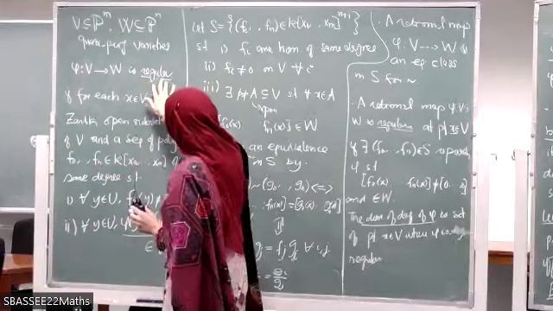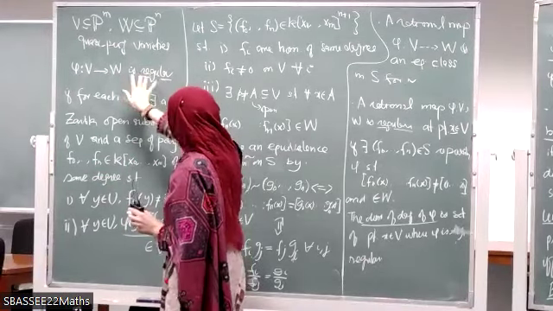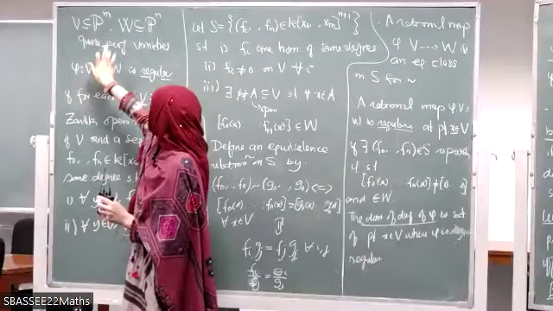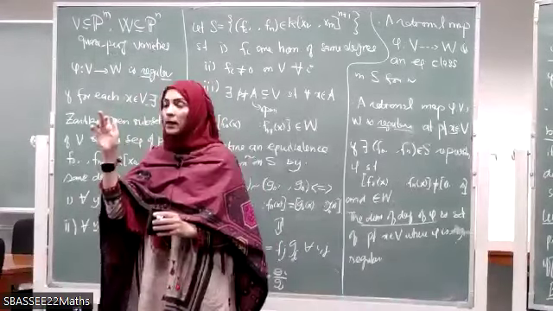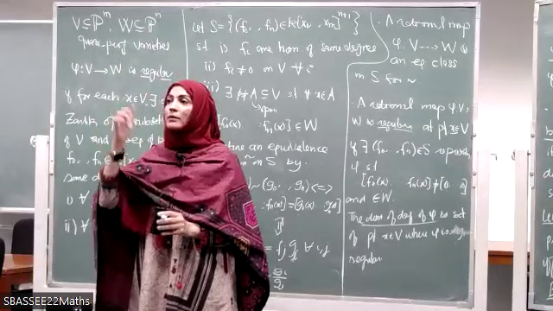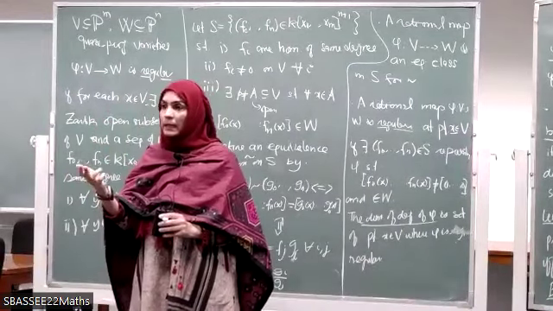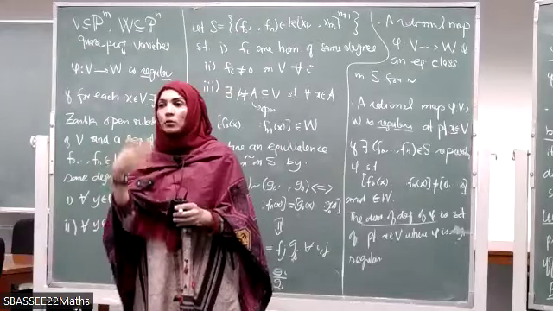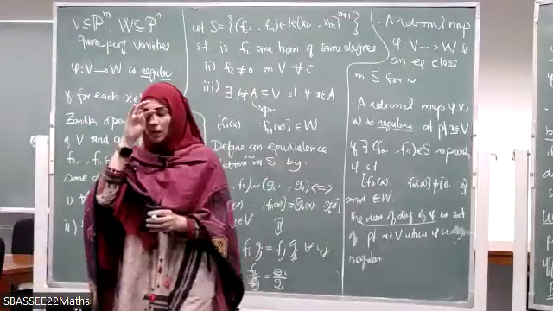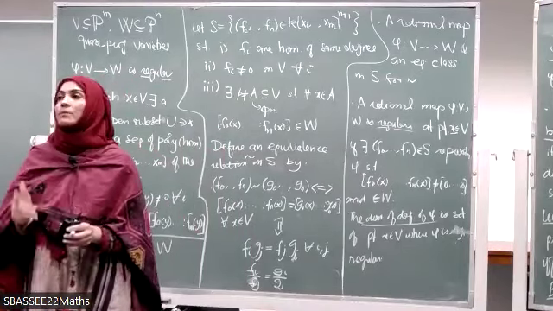For example, if I want to find a regular map on V as a quasi-projective variety, then I will take a map from V to K. That is called regular on V. If you collect all those regular functions, it is called the corresponding coordinate ring of your quasi-projective variety.